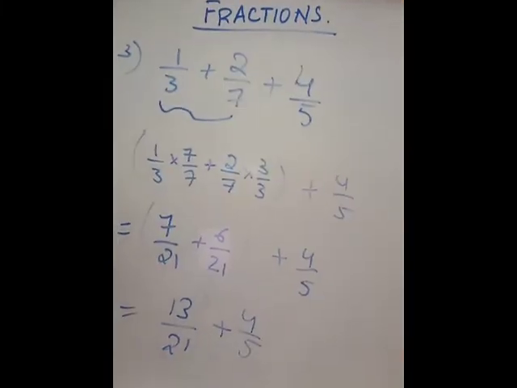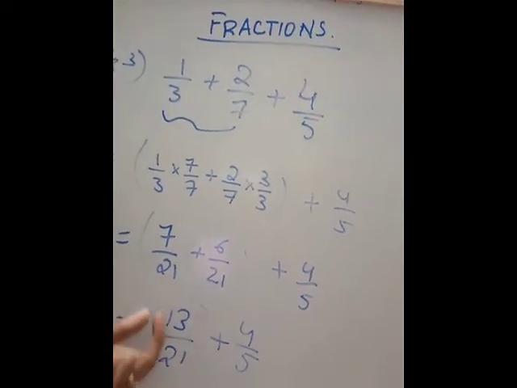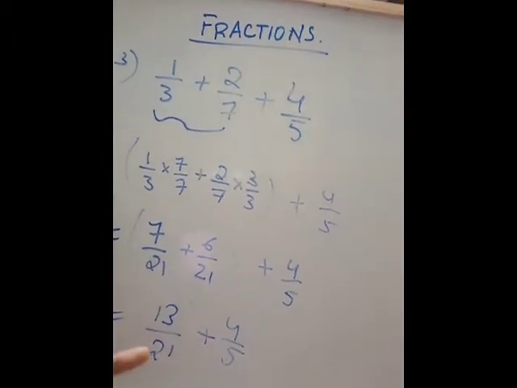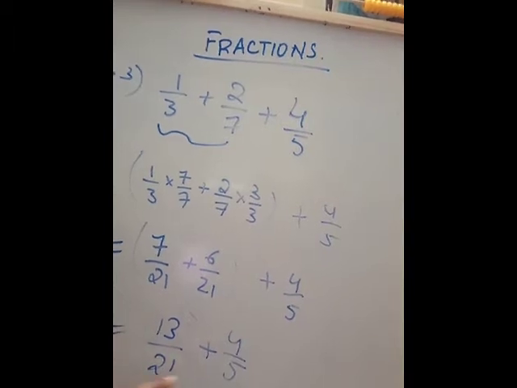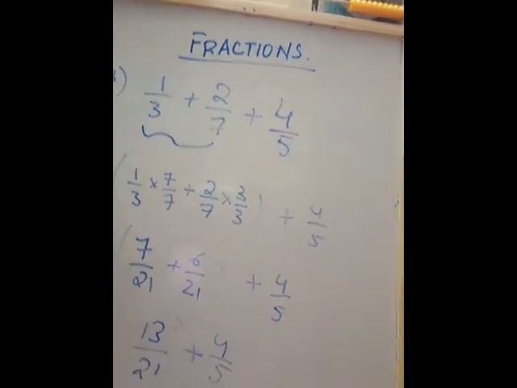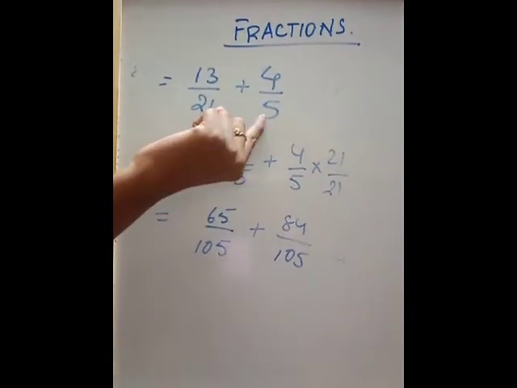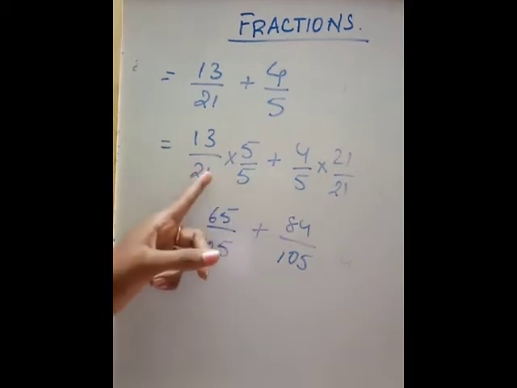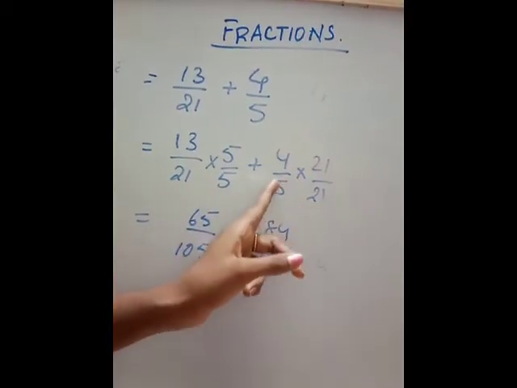Here you can observe these two fractions are unlike fractions. 13 by 21 plus 4 by 5. Again the same procedure. Cross multiply. 5 by 5 multiply here, 21 by 21 multiply here. 13 into 5, 21 into 5. And here 4 into 21, 5 into 21.